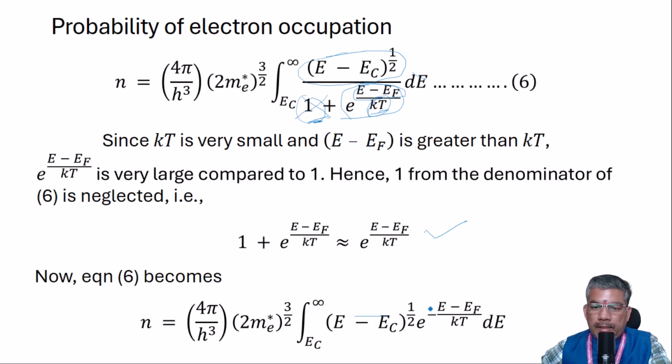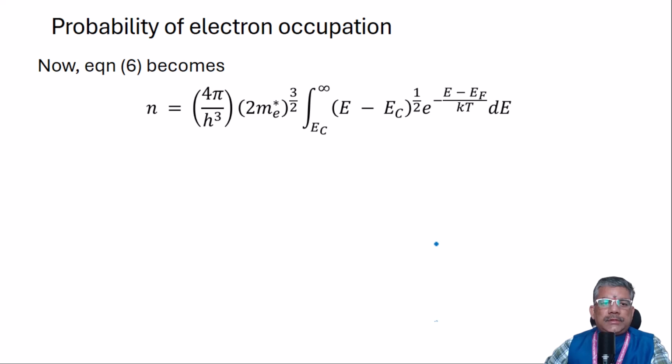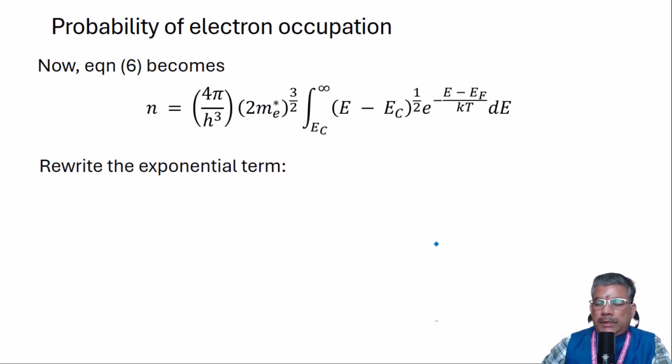But look, we are introducing a minus sign, because it is in the denominator. When it goes to the numerator, we put a negative sign. So now equation 6 becomes n equal to 4 pi by h cube into (2 m E star) whole power 3 by 2, integral from EC to infinity, (E minus EC) whole power half into exponential of minus (E minus EF) by kBT into dE.